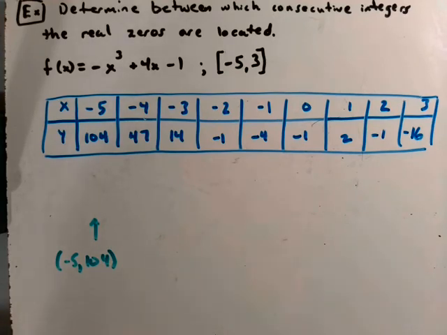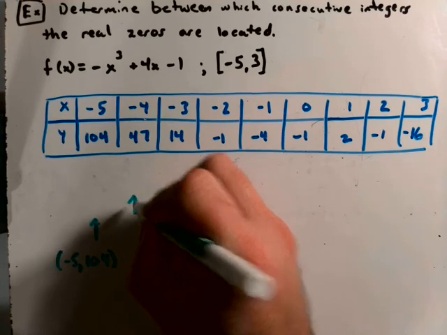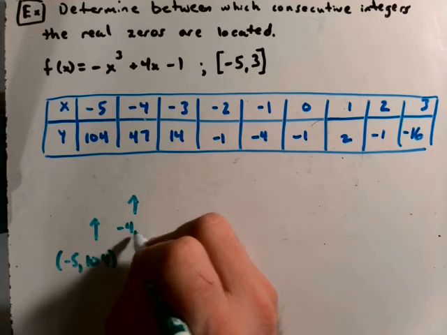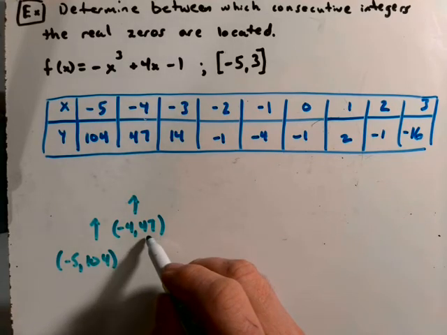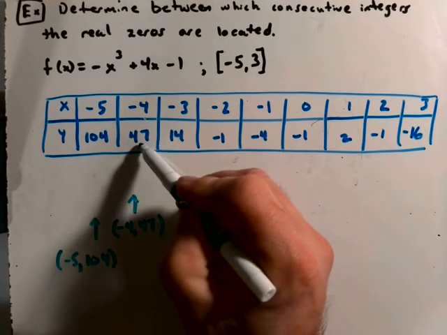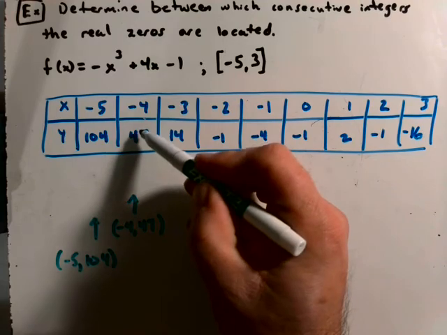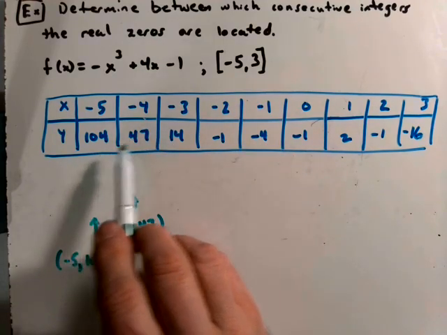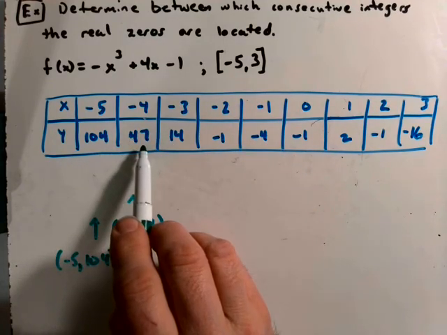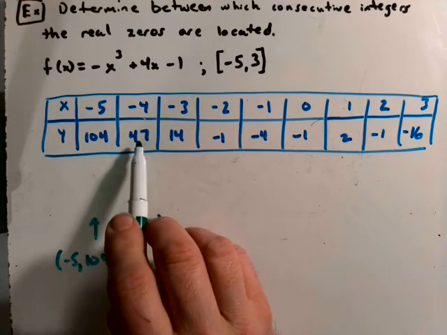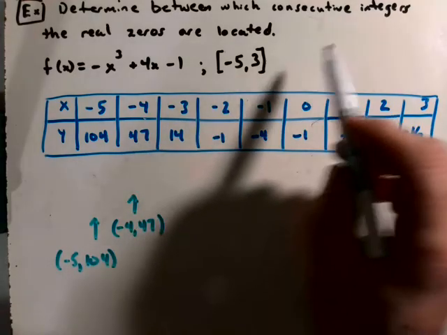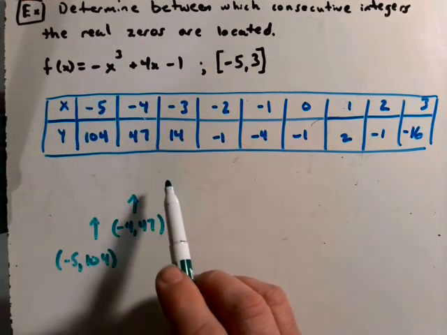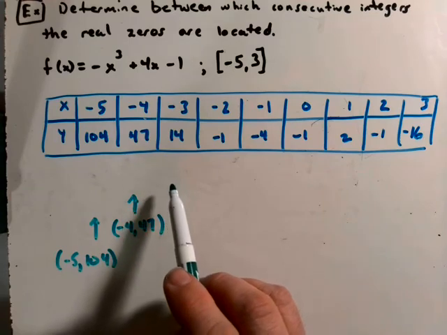And then you look at the next value. The next one is (-4, 47). Is that above or below the x-axis? Well, 47 is positive, so this one would also be above. Well, if they were both above, then chances are it did not cross the x-axis. In order for us to find a real zero, we're looking for x-intercepts.